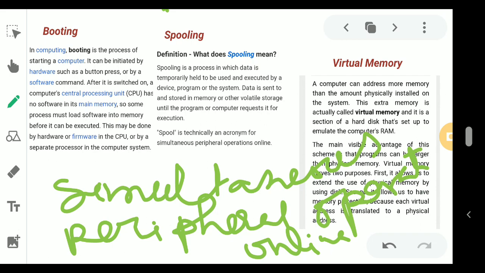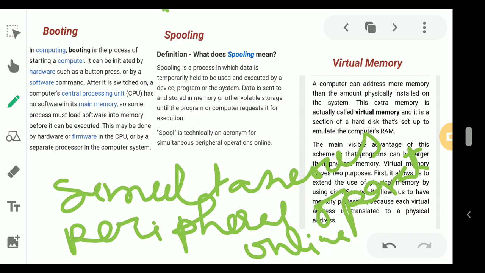Whenever data is passing from CPU to main memory, or main memory to CPU, it is very fast. But when it is coming from the input device, the bit transmission rate is very slow. Going from main memory to CPU, or from CPU to main memory and then to the output device, this part is very fast.